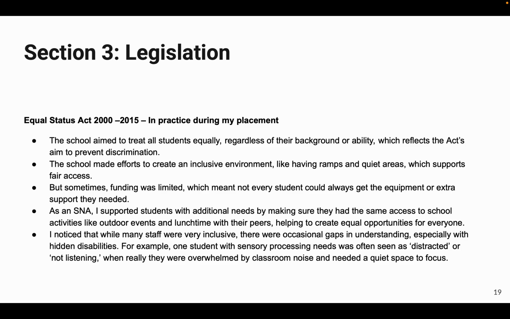For example, one student with sensory processing needs was often seen as distracted or not listening to his tasks, when really they were overwhelmed by classroom noise and needed a quiet space to be able to focus.